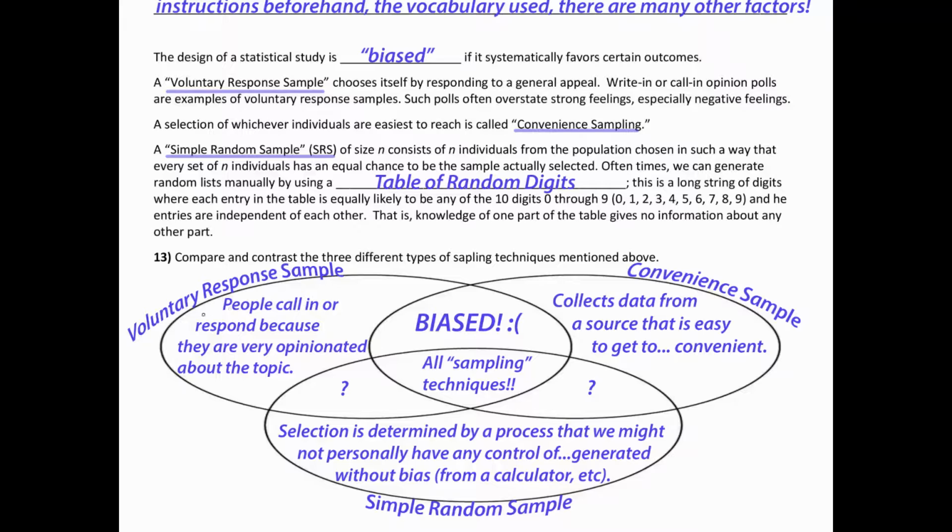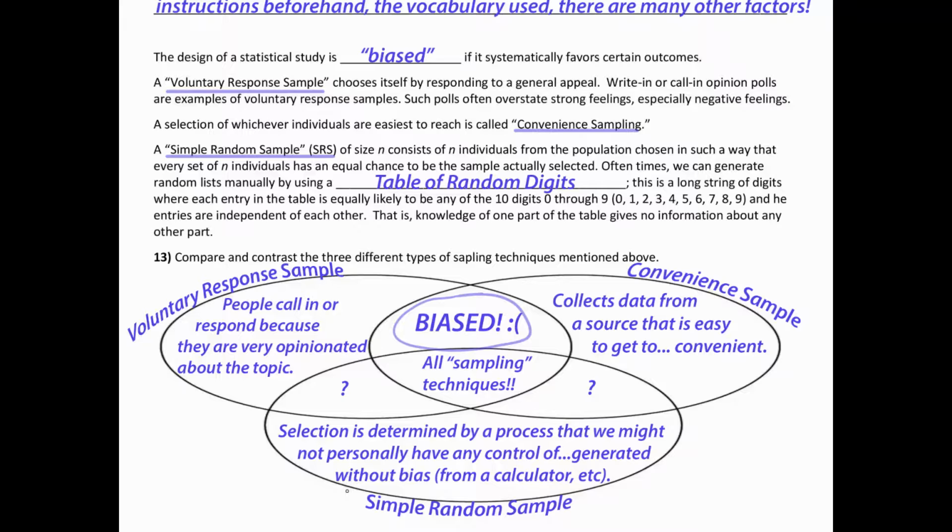That is unique to a voluntary response sample. On the other hand, convenience samples collect data that is easy to get to. It's convenient. Now, both of those are biased. So up here in the intersection between convenience samples and voluntary response samples, they share that trait.